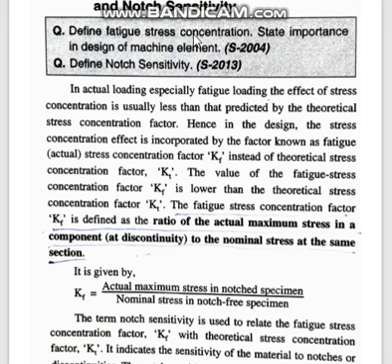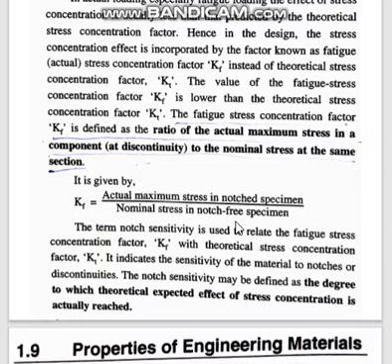Now we are coming to something called notch sensitivity. See, what is notch sensitivity? The notch sensitivity is used to relate the fatigue stress concentration factor with the theoretical stress concentration factor. That means this notch sensitivity gives an indication of how sensitive the material is to notches or discontinuities.